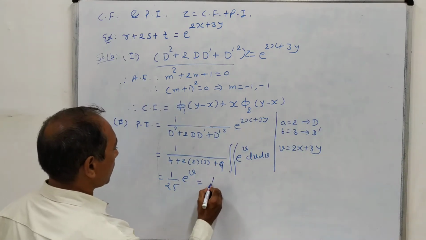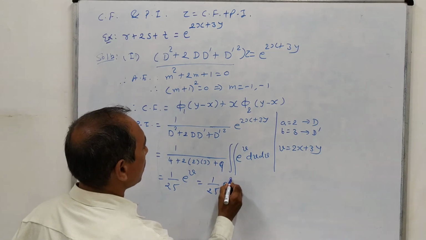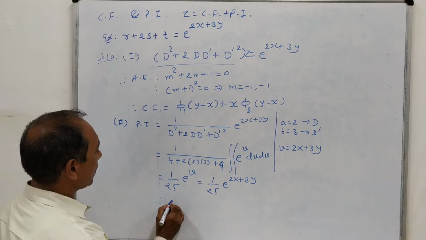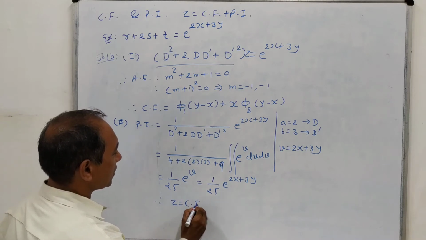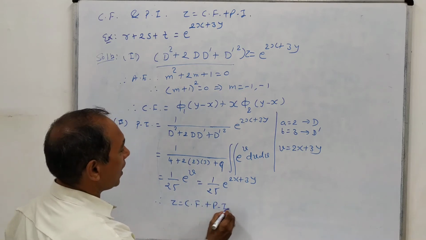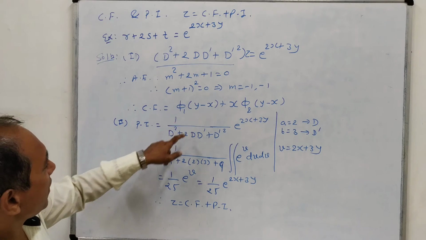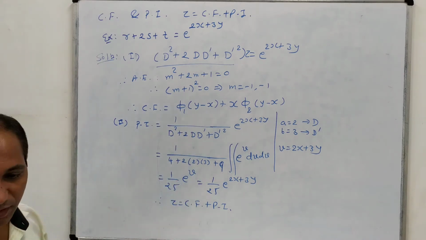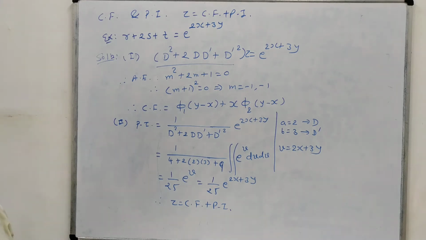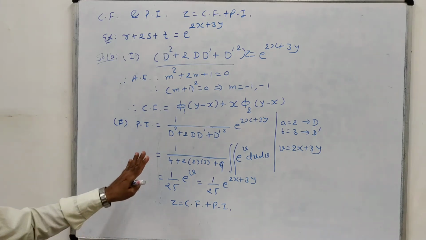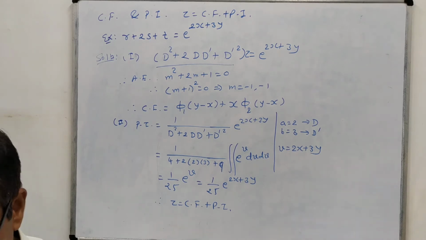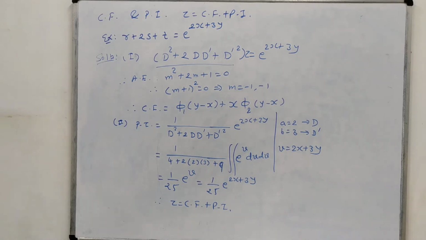So this is 1 upon 25 e raised to 2x plus 3y. This is the PI, and therefore Z equal to CF plus PI. Now you can put the values of CF and PI from these two and obtain the final answer. So you note this down, and you can also do it simultaneously with me.